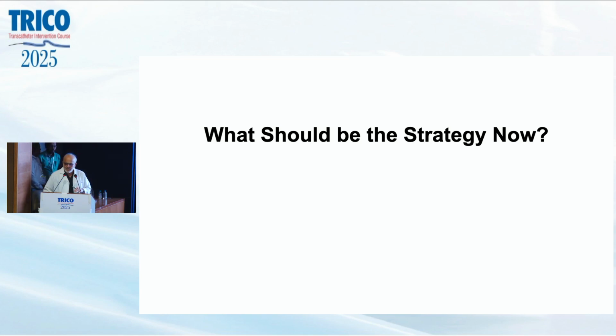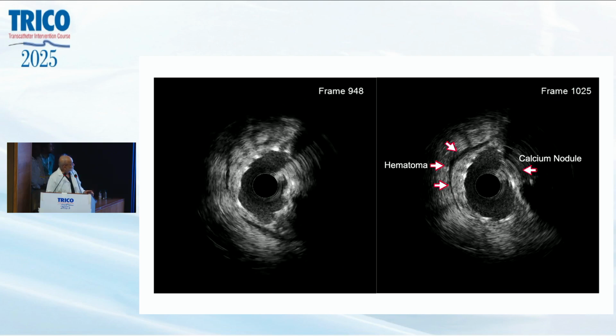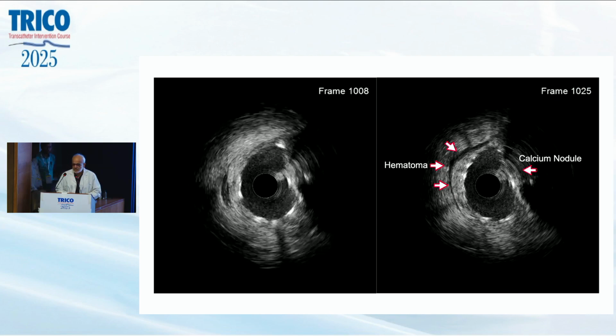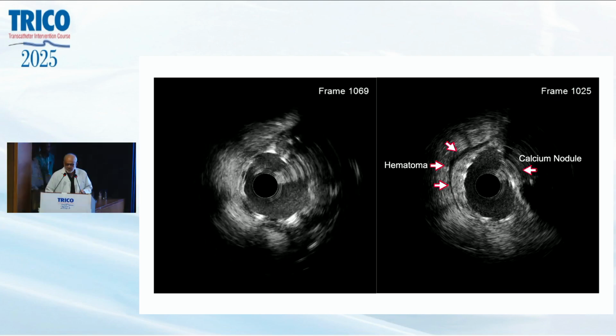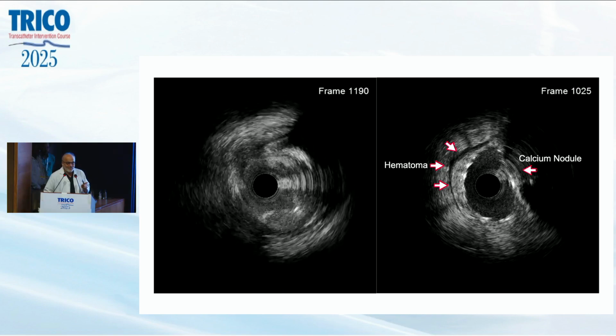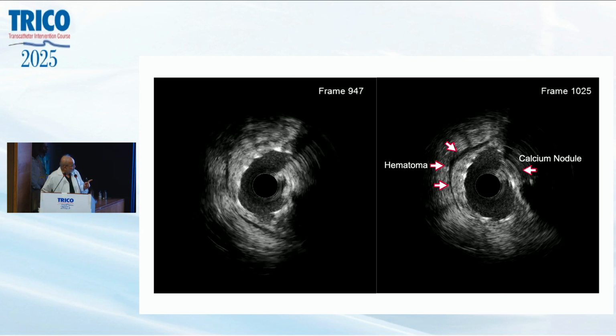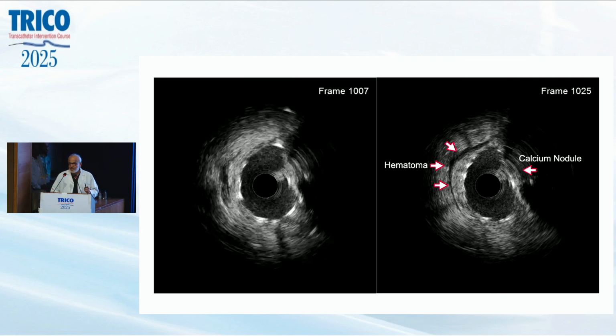Then with some difficulty I could negotiate the IVUS catheter, and this was the picture. There was a huge calcific nodule which I missed while interpreting the OCT because of the time constraint.